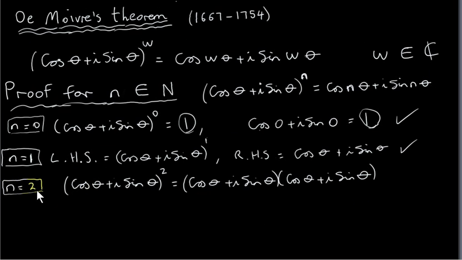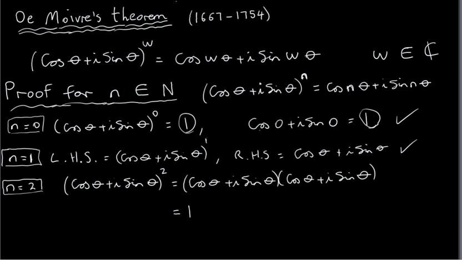Now look at the case for n equals 2. So the left hand side is going to be cos theta plus i sine theta to the power of 2. Now, we can write that as cos theta plus i sine theta times cos theta plus i sine theta. We're just squaring it, we're multiplying it by itself. And then we can use the result of a previous video where we explained how to multiply two complex numbers together. We multiply the moduli of the two complex numbers together. So the modulus of cos theta plus i sine theta is just 1. And the modulus of this one here is also 1, so it's like 1 times 1, which is 1.